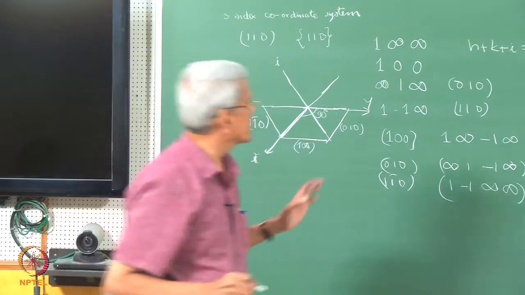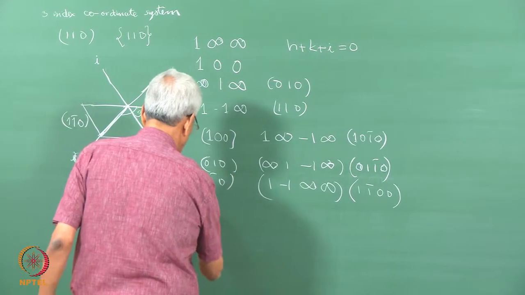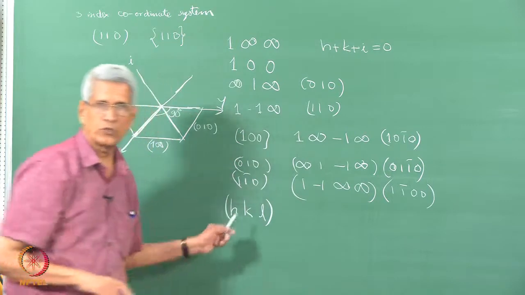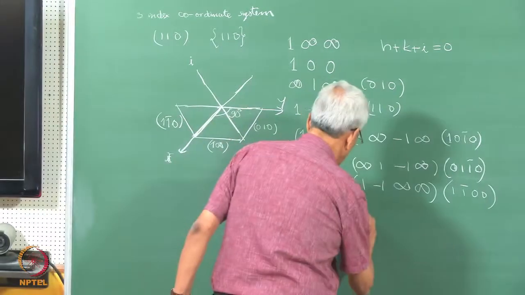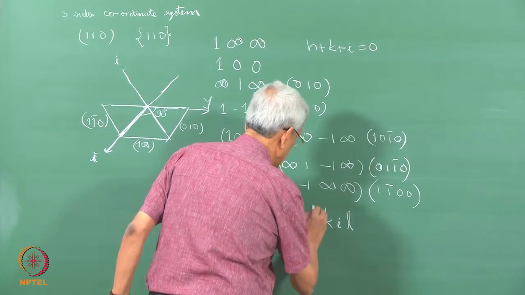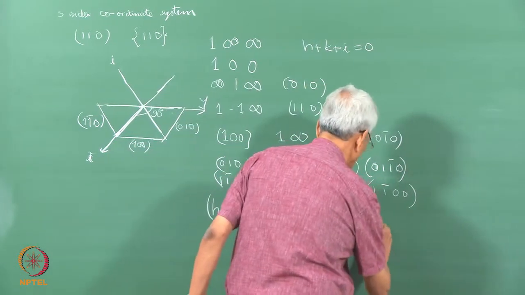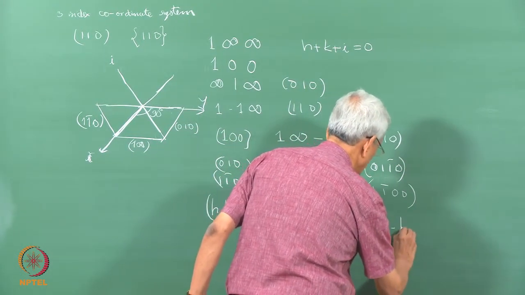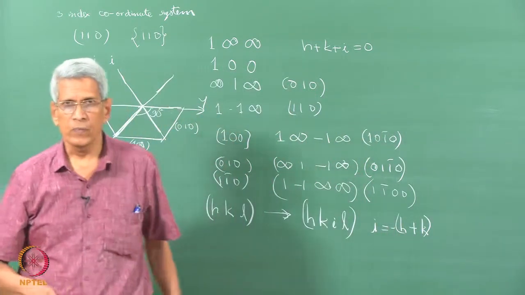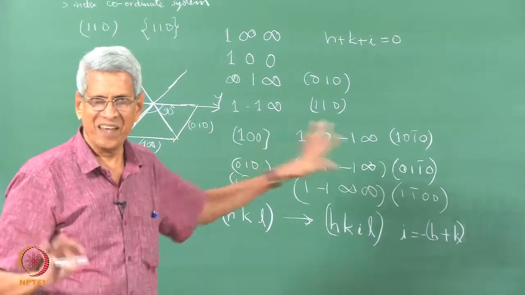So, if we represent any hexagonal crystal in a 3 index system, HKL is the one used to represent the plane. Then in the 4 index system, the same planes are represented as HKIL, where I turns out to be minus of H plus K.